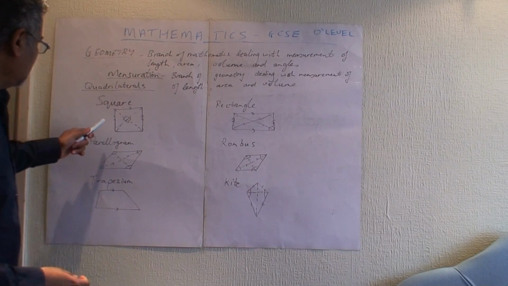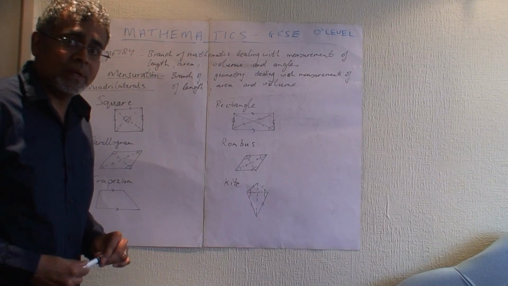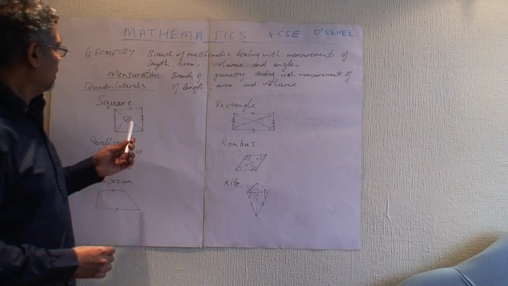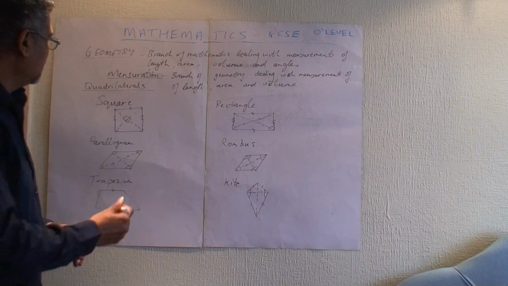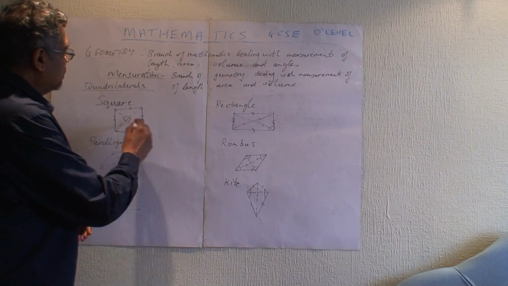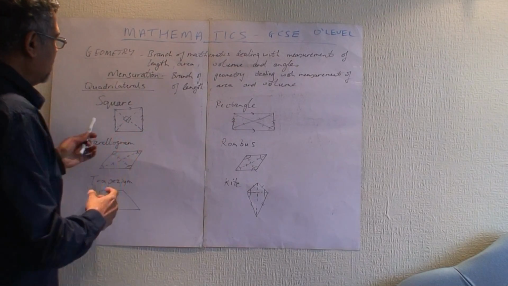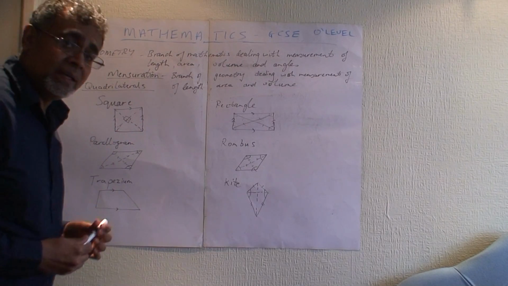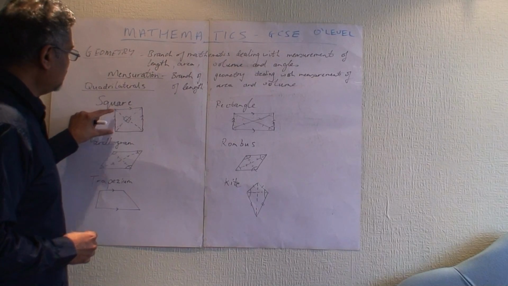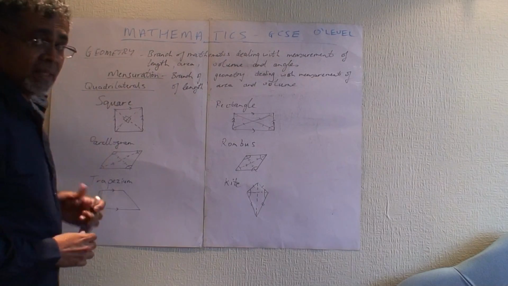The first one is the square. I'm sure you're familiar with the square. It has four equal sides, and opposite sides are parallel lines of equal length. This side is equal to this side, and that side is equal to that side.